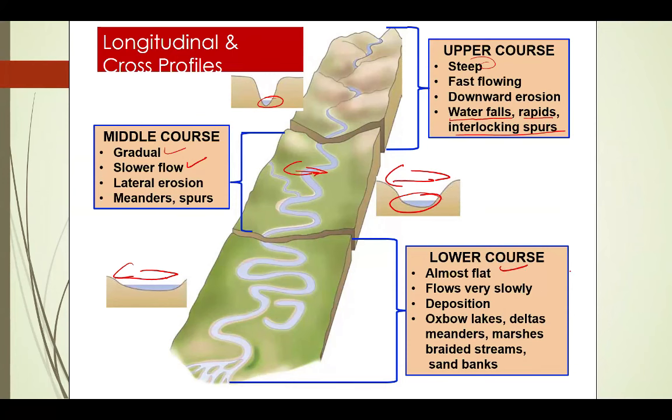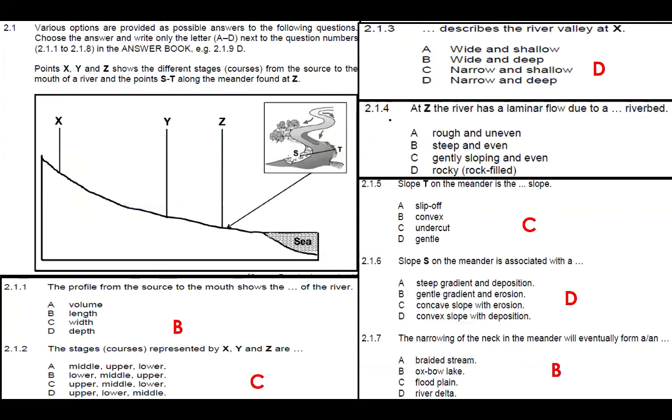The river is flowing very slowly. There is dominance of deposition. Then we have different features occurring there: oxbow lakes, deltas, meanders, marshes and flats, braided streams, sandbanks. So these are what you can expect to find in the lower course of the river.